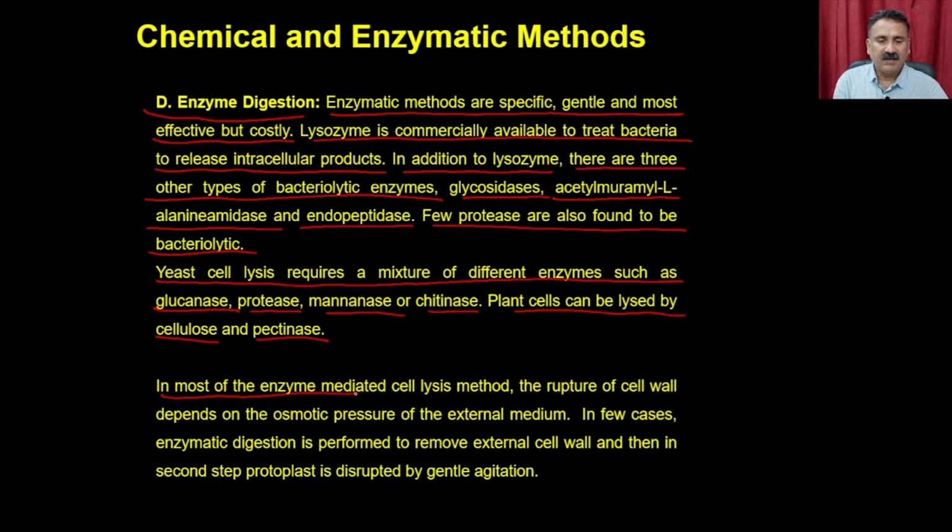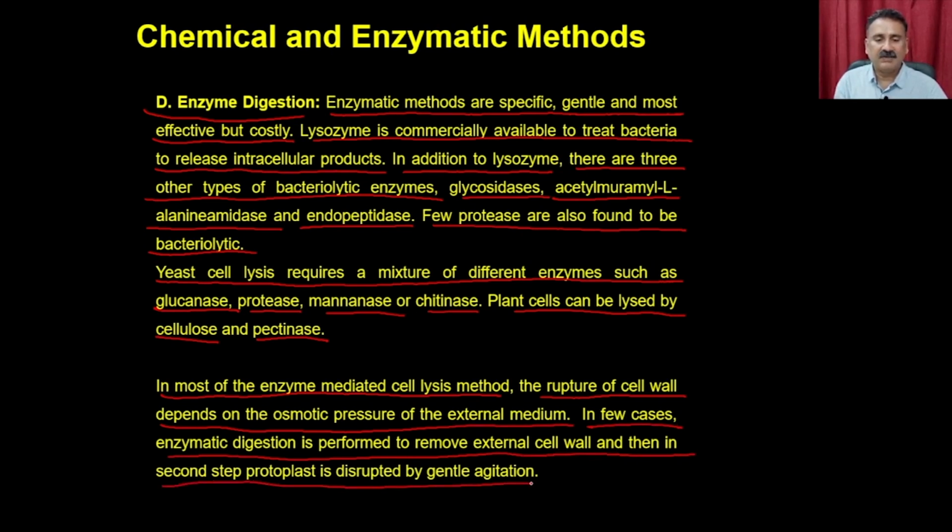In most of the enzyme-mediated cell lysis methods, the rupture of the cell wall depends on the osmotic pressure of the external media. In a few cases, the enzymatic digestion is performed to remove the external cell wall, and then in the second step, the protoplast is disrupted by gentle addition. So the enzymatic digestion is sometimes used to even remove the outer covering.